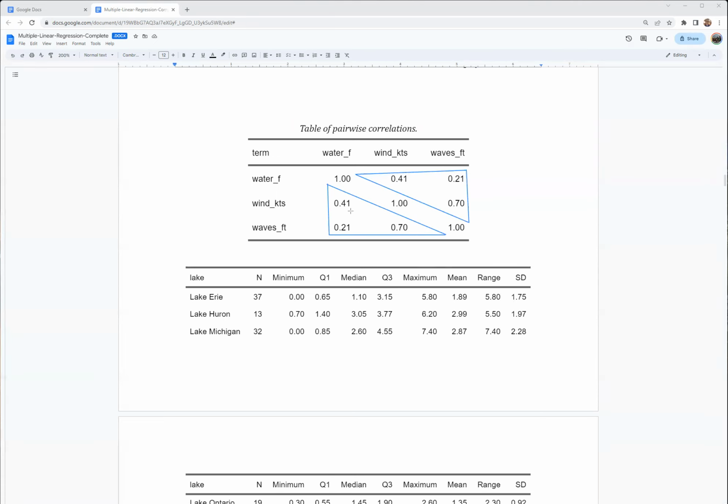Okay. So here we have the correlation between the wind speeds and the water temperature, and that's 0.41.